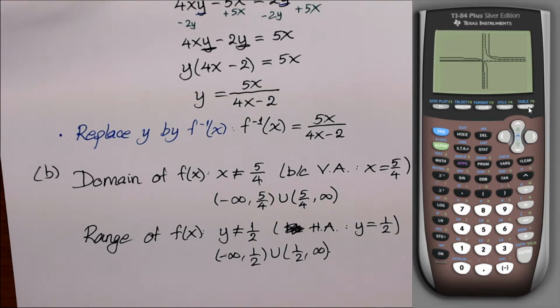It's kind of difficult to see, but the graph of the function will be symmetric about the line y equal to x. So let me add the line y equal to x.